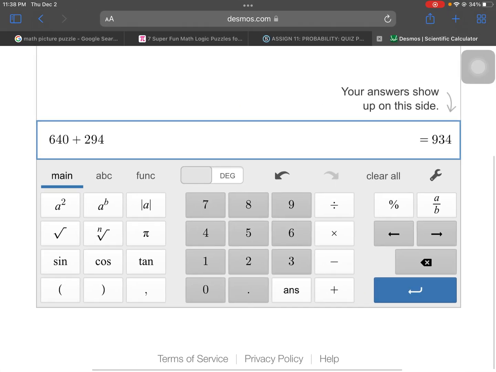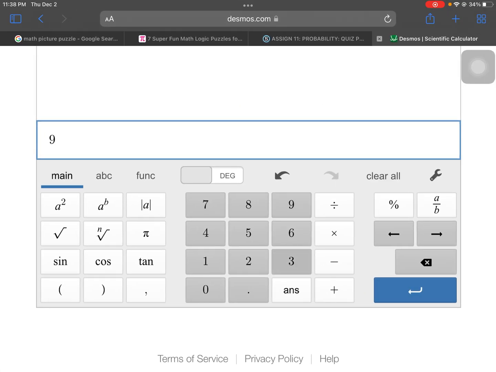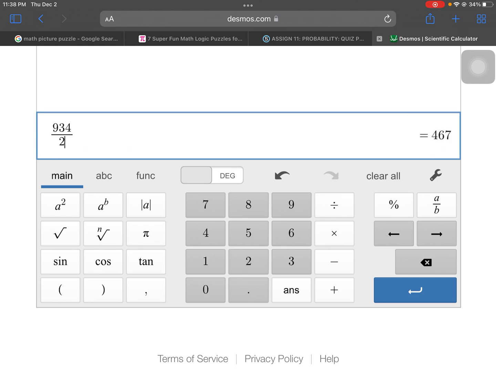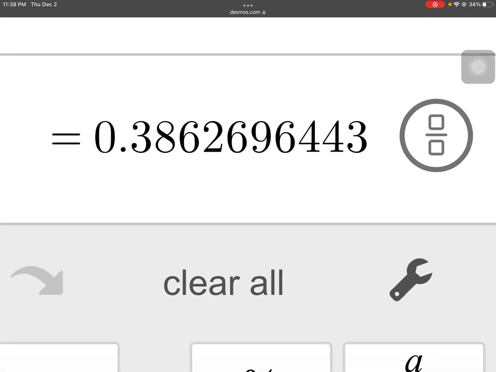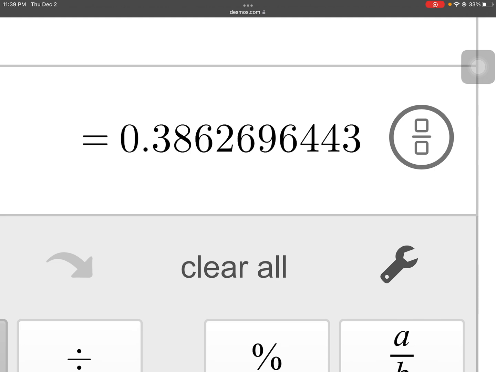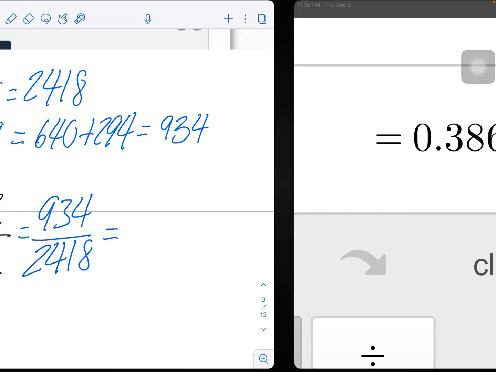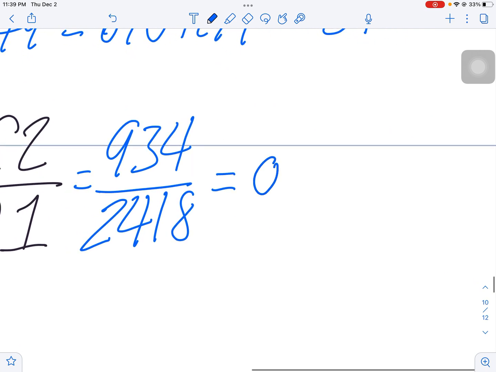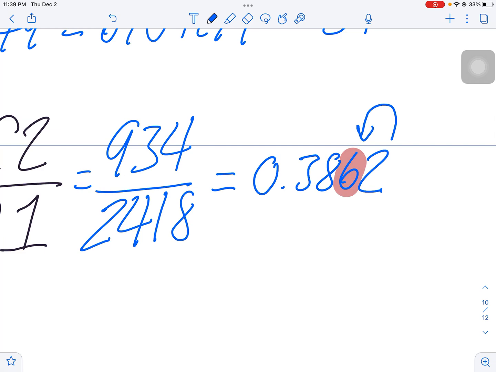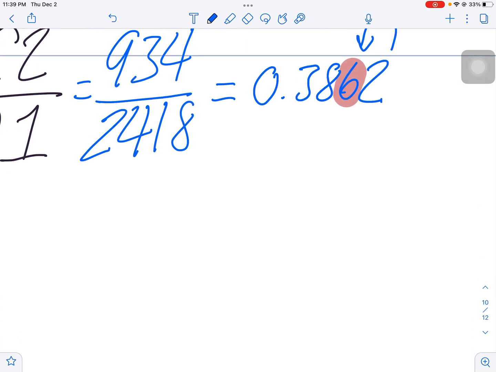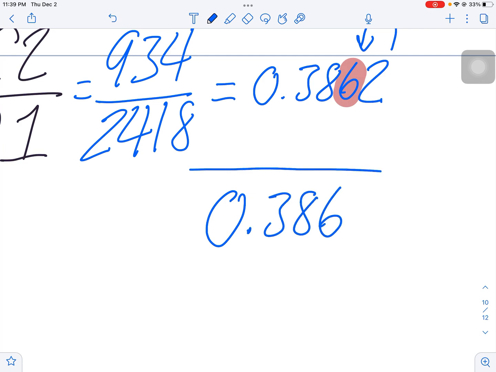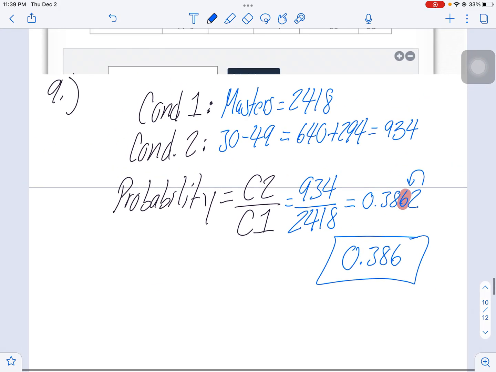And when I divide those two, 934 divided by 2418, we're going to round to the nearest thousandth, so I'm going to copy 4 numbers after the decimal: 0.3862. Our 6 is in the thousandths place. So the 2 is going to tell the 6 to rest. 4 or less, let it rest. So it's 0.386. And that is our probability right there.